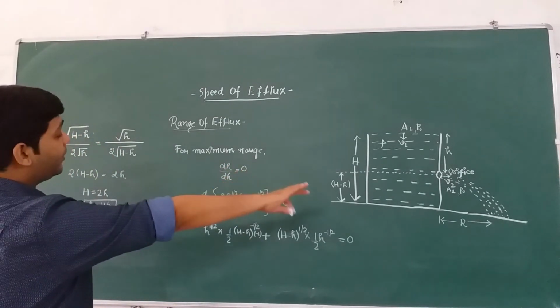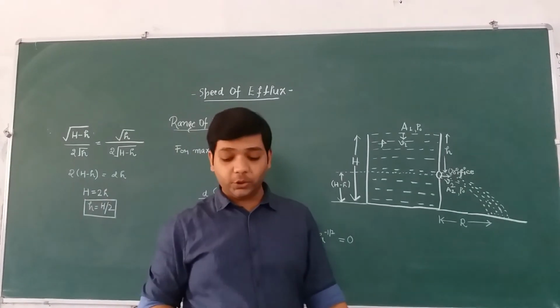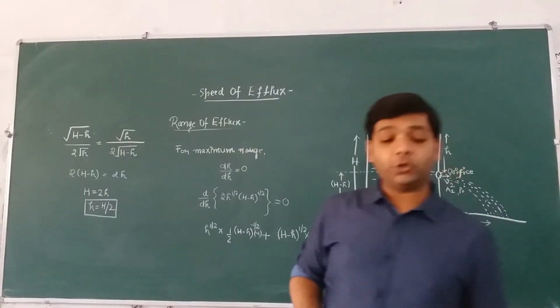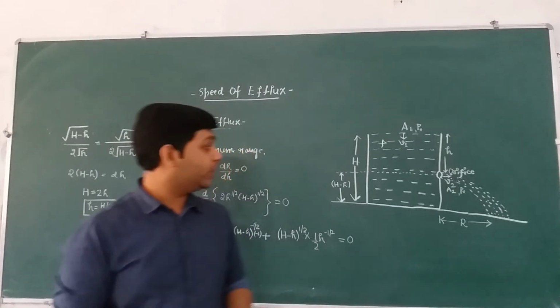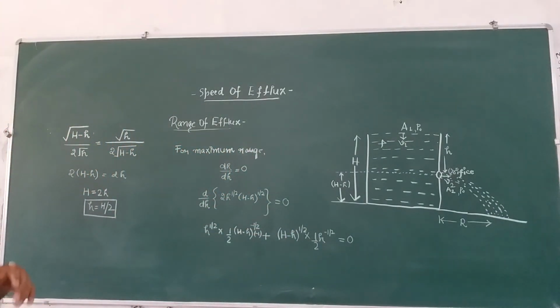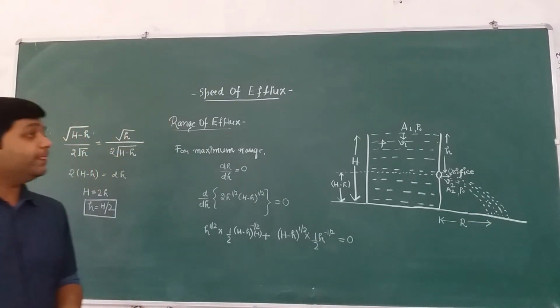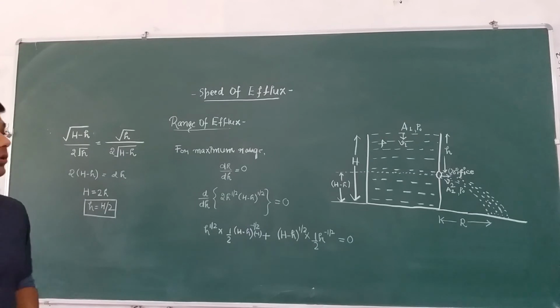So this was all about efflux, and now I am going to tell you one theorem also, which is known as Torricelli's theorem. That is also important. So please first of all copy this, and then we will come to Torricelli's theorem. I hope everyone has noted it down. So what does Torricelli's theorem state?